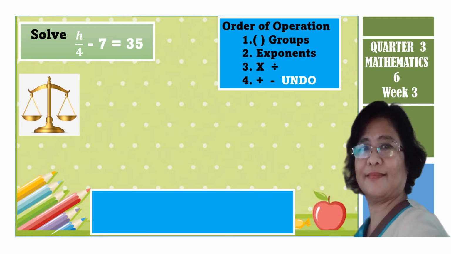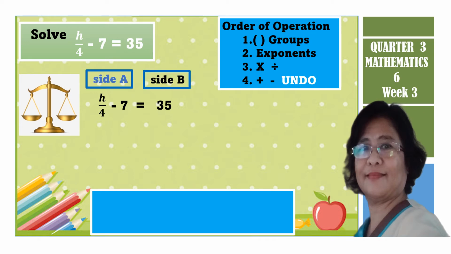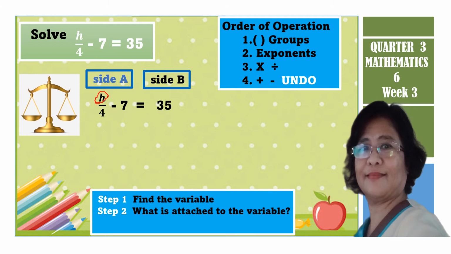Let us now solve the equation. The first is to find the variable. What is the variable here? The variable here is represented by the letter H. And the second step is to know what is attached to the variable. Ano ba yung mga naka-attach sa variable?